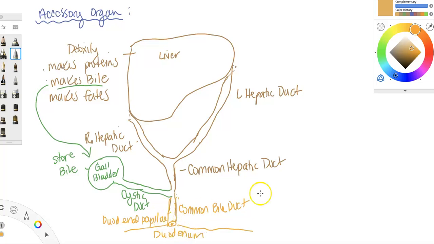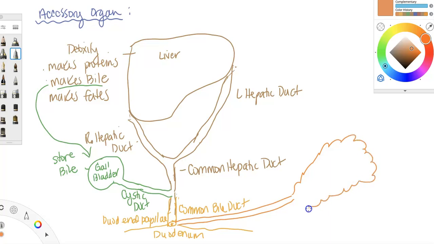Okay, right off of this papillae, let's use a different color here, is another duct. And this duct goes to another little organ called the pancreas. And this is the pancreatic duct.